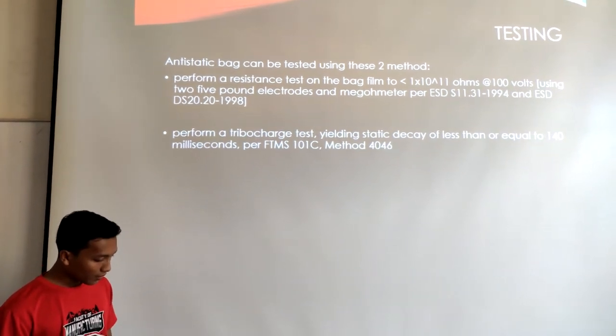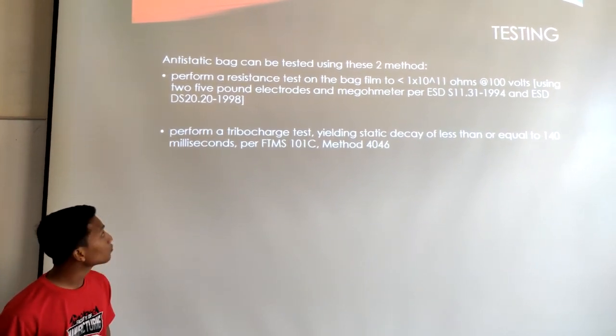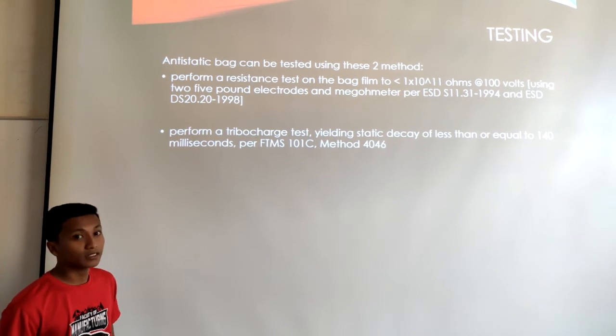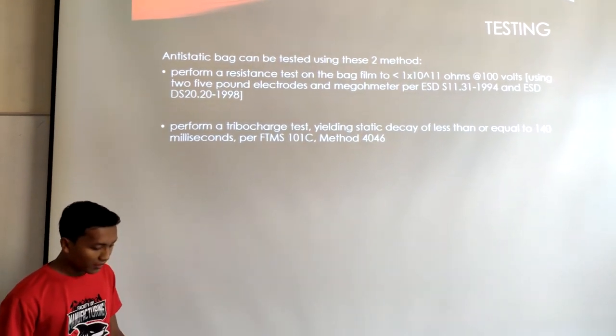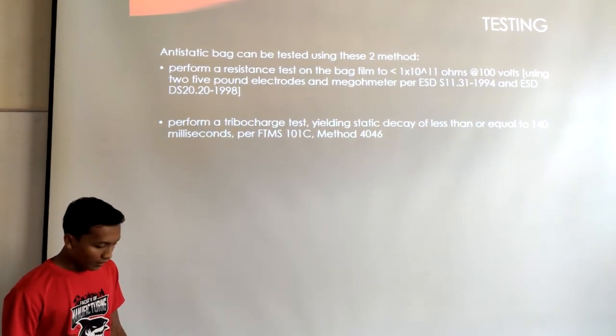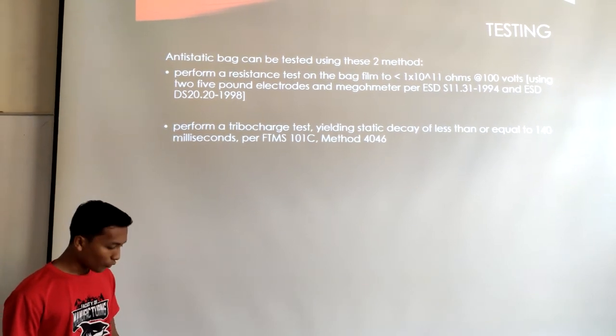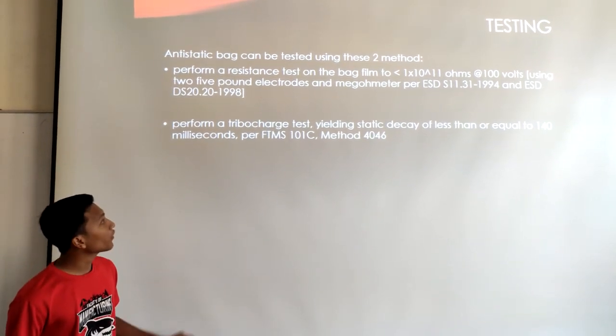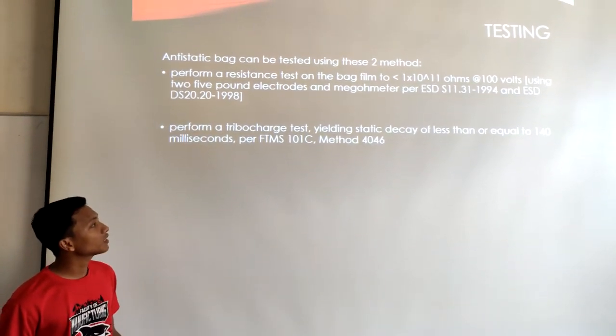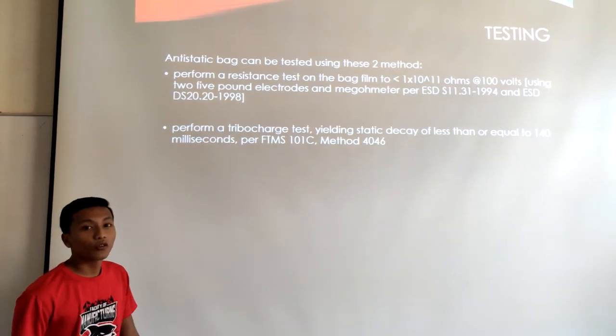The second method is to perform a triboelectric charge test yielding static decay of less than or equal to 140 milliseconds per FTMS 101C method 4046.